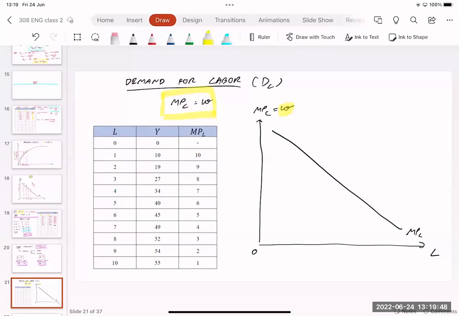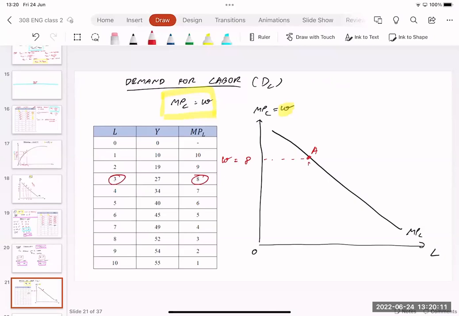Let's see point A, for example. If the real wage equals 8, how much labor are they going to hire? Real wage equals MPL, so MPL equals 8 is here.